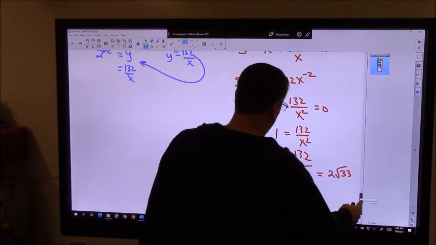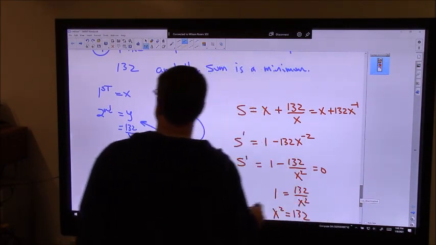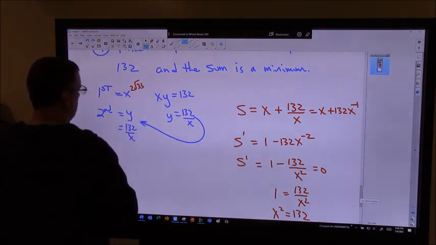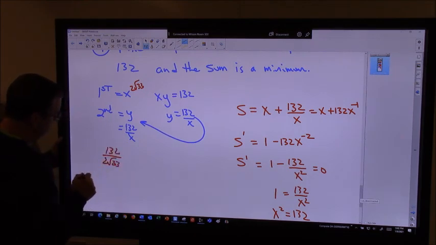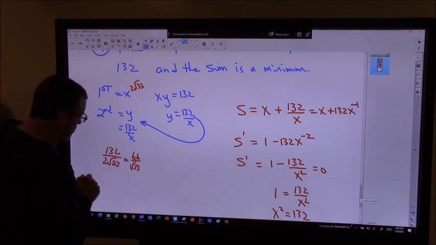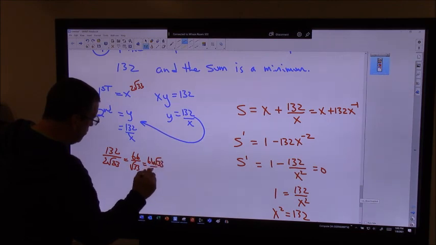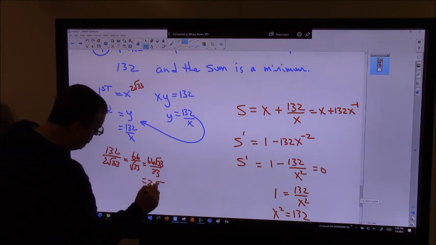And so if I go back over here, what we're saying is this number is 2 root 33, and this one's going to be 132 divided by 2 root 33, which if I divide by 2, I would get 66 over root 33, which would be 66 root 33 over 33, which would be 2 root 33.